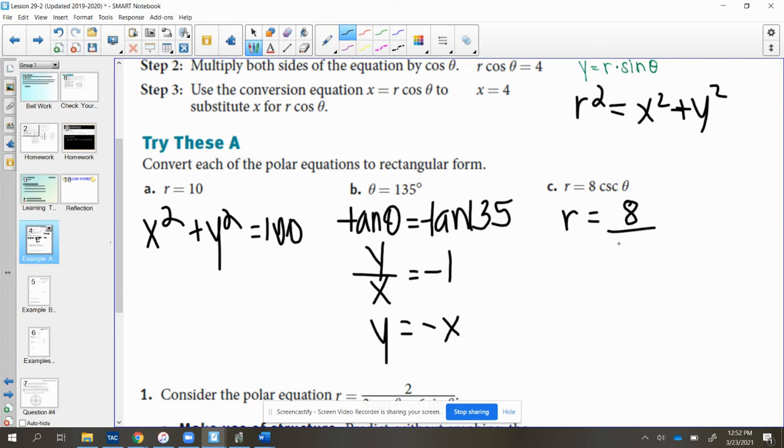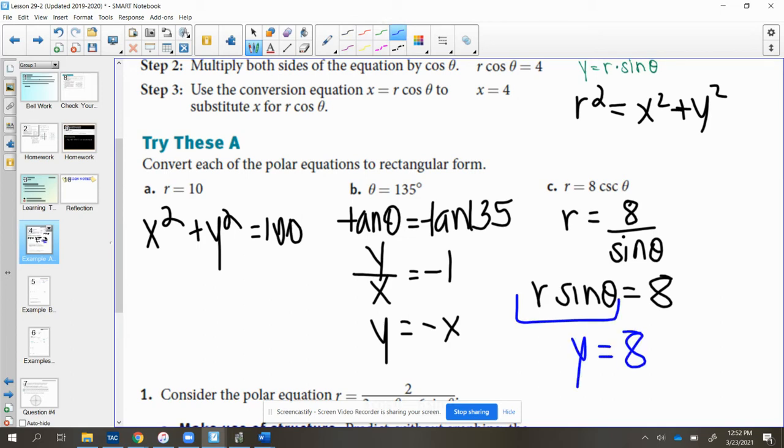We could change cosecant of theta into 1 over sine of theta. I know you probably thought all these had gone away, but it's a basic one there of converting. And then multiply both sides by that sine of theta, we get 8. And then last but not least, this r sine theta, we know we can replace with y, and we have a horizontal line, y equals 8.